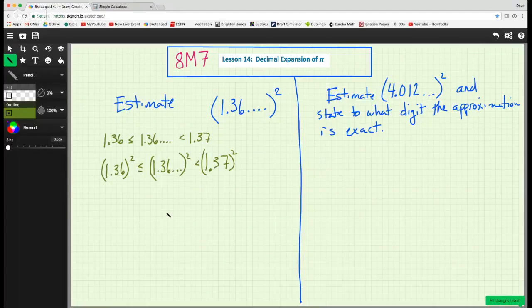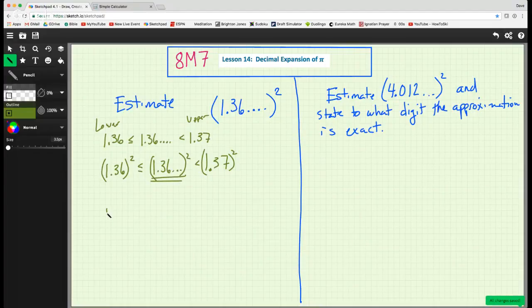Just like before, when we knew that if 4 is less than 5 is less than 6, then we knew that 16 is less than 25 is less than 36. If we square all these numbers, the inequality is still true. So the whole idea of this next section is we're going to do this over and over again. We're just going to find the lower bound and the upper bound, square them, and we know that this number has to be between.